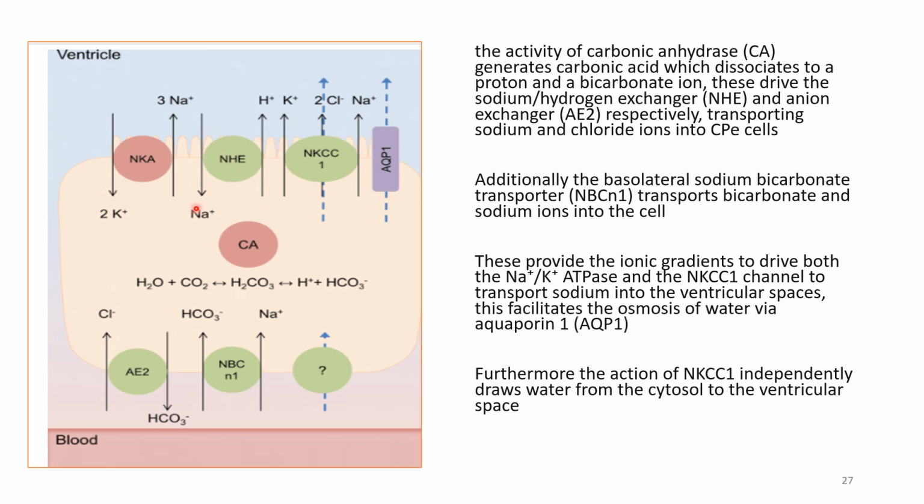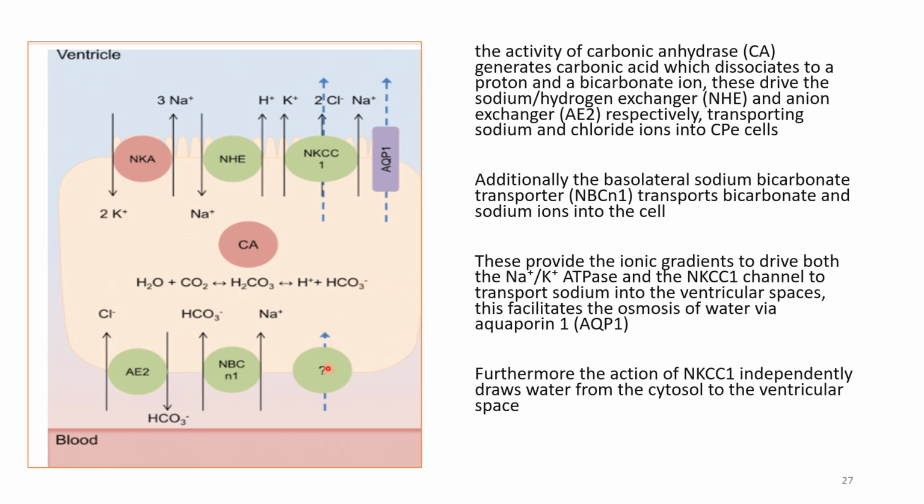Sodium is coming in and H+ is going out. And here anion exchanger 2: anions will be exchanged. That is, chloride is taken in and bicarbonate is going out, that is, it is entering into the blood from these ependymal cells.